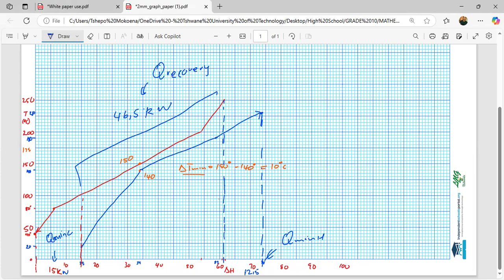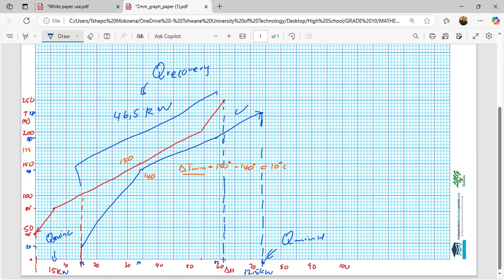And then above here, which is Q minimum H, which is 12.5 kilowatt, you see the highly exposed curve over here, it is the blue one, not the red one. So we need to heat it up. So we need about 12.5 kilowatt of heat to heat up this stream over here.